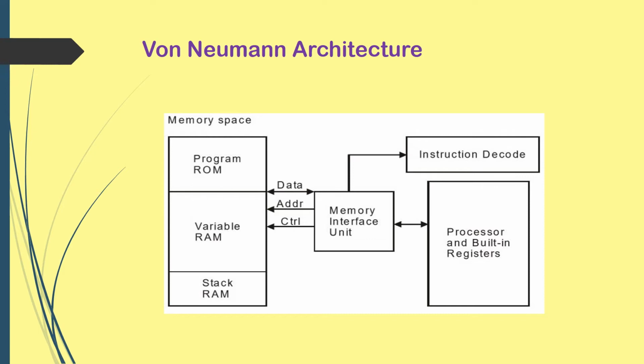The architecture consists, in general, of components like a memory space, instruction decode and process, and built-in registers. In general we can have an ALU, CPU and control unit with registers. The ALU is responsible for carrying out all arithmetic and logic operations, whereas the control unit determines the order of flow of instructions that need to be executed by issuing control signals to the hardware.